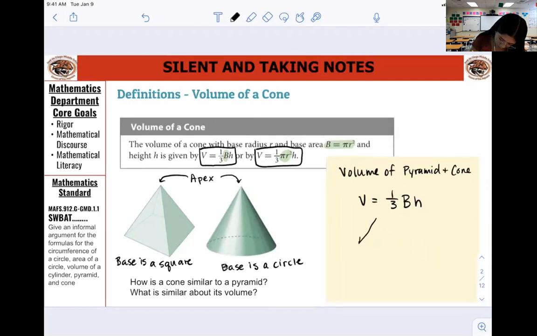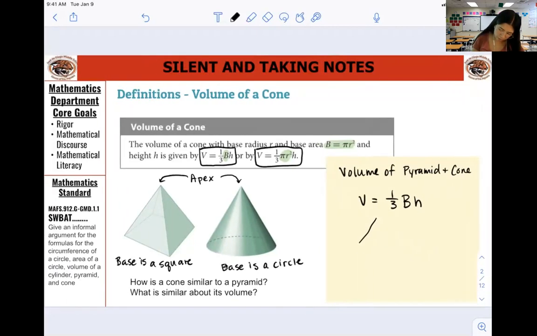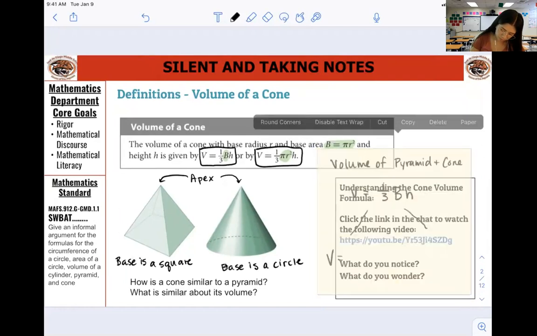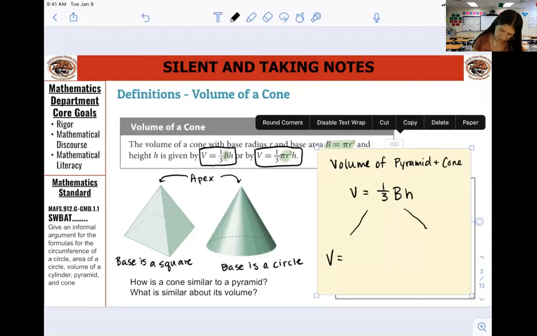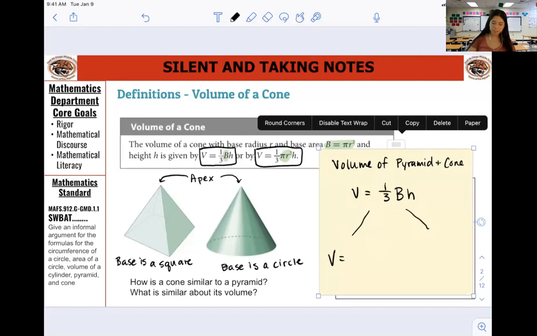Okay, I don't know why it's not writing. It doesn't want to write. It just wants to move. Sorry, guys, it's glitching.